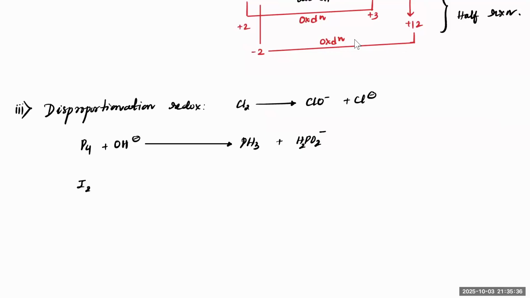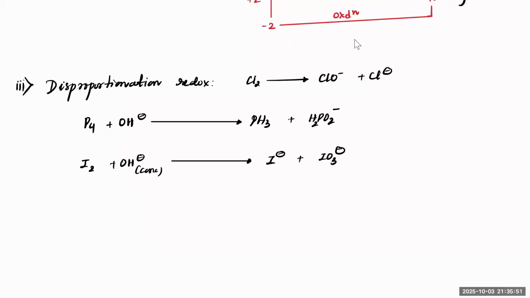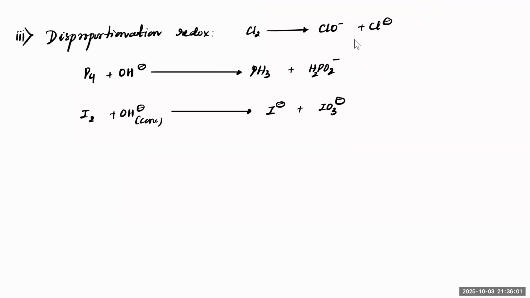I2 in the presence of concentrated OH minus will convert into I minus plus IO3 minus. That is also disproportionation. So in these kinds of reactions, only one elemental atom is involved, which is responsible for both reduction and oxidation. That is called disproportionation.